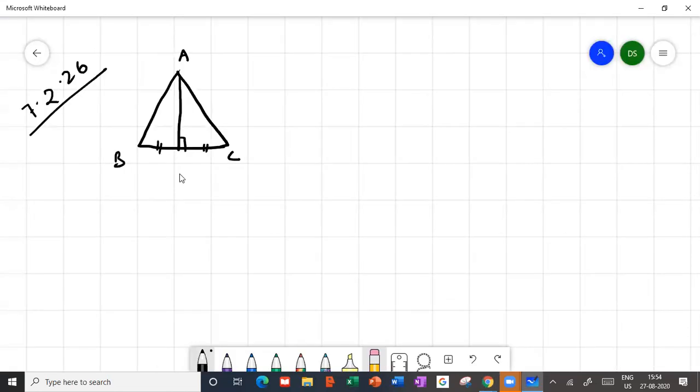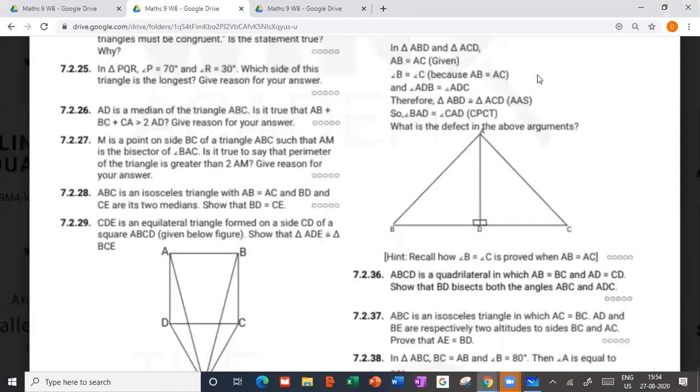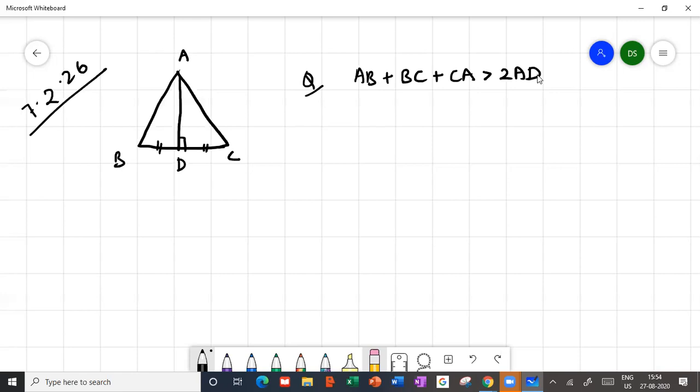They have called it AD this time. And they are asking whether AB plus BC plus CA is greater than 2AD. Is it or is it not? Who's going to tell me the steps? How do you solve this?